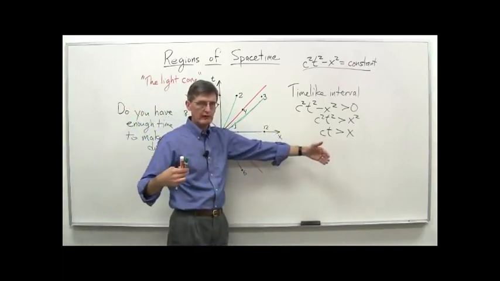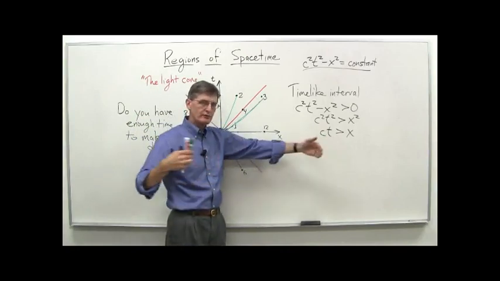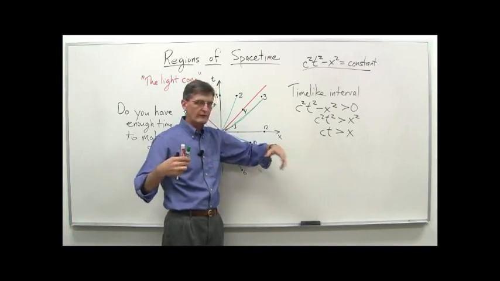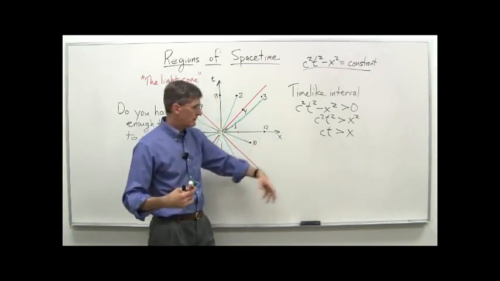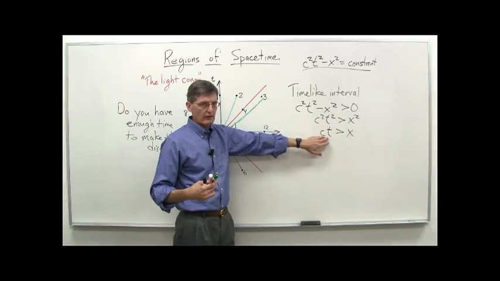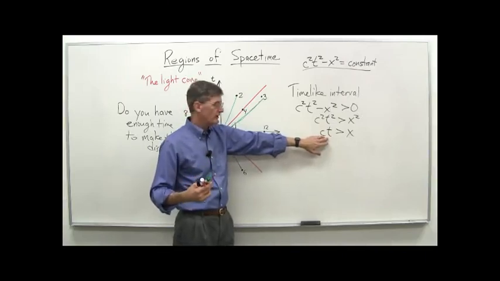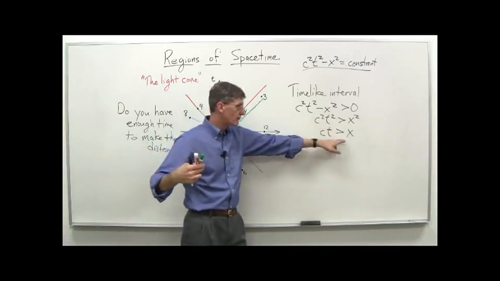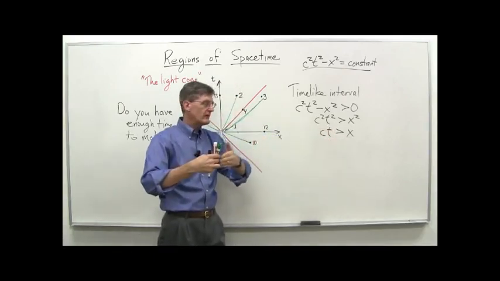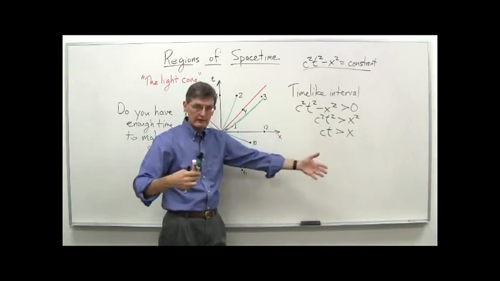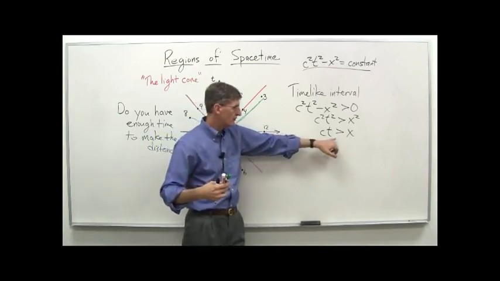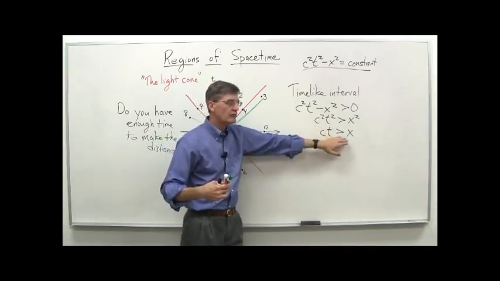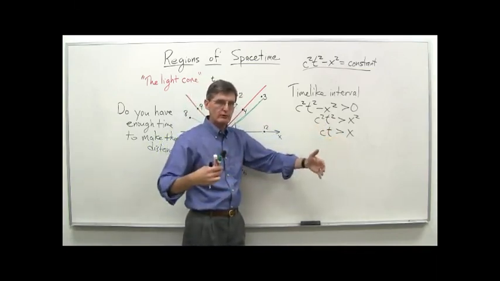If that's the ultimate speed limit, the fastest I can get someplace, then ct is the fastest I can go. Of course, I can't quite go at ct, but I can get pretty close. If the distance light can travel is greater than the distance I need to go, then yes, I can get there, or at least a light beam can get there in that time. So this is essentially saying the distance light can travel in the time I have is greater than the distance, and yes, it's reachable then.